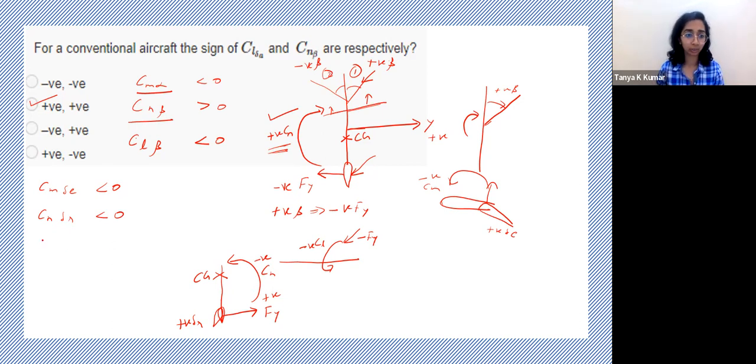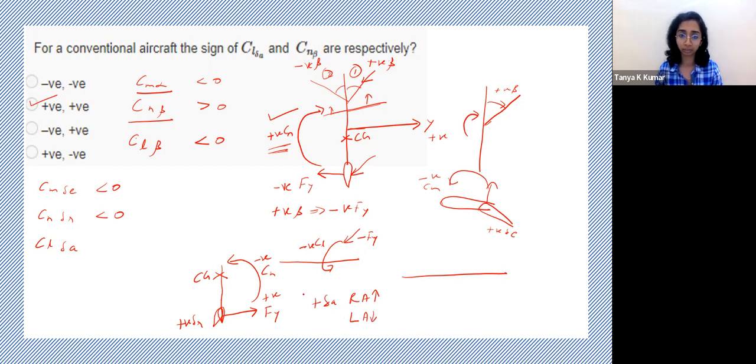Now let's look at the last one, that is Cl delta A. Now the convention is right aileron up, left aileron down is positive. So let me just write that. Positive delta A is right aileron up, left aileron down.